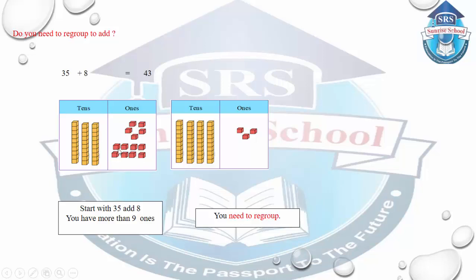So there will be 3 left here, and we made a new 10, one more ten. So instead of 3 tens, there will be 4 tens and 3 ones. Okay?